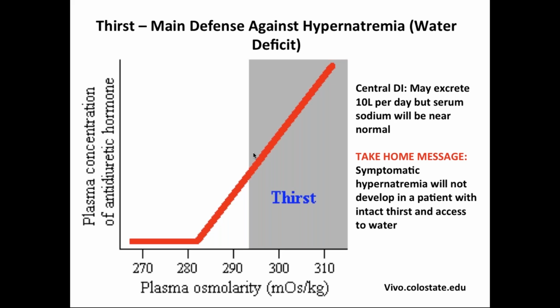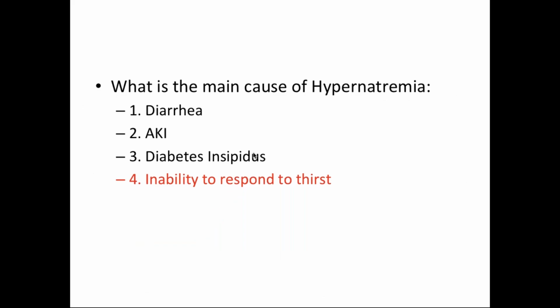So one of the big take-home messages from this talk is that symptomatic hypernatremia will not develop in a conscious patient if they are able to get access to water. As long as the thirst is active, they're going to be able to get their hands on water and drink themselves down to a normal sodium. So symptomatic hypernatremia requires either an infant or an adult who cannot get their hands on water in response to their thirst.